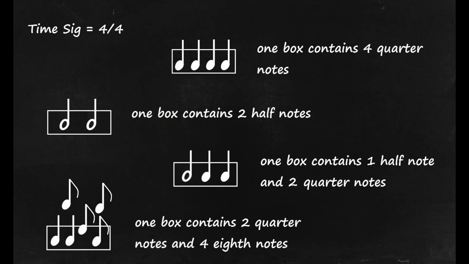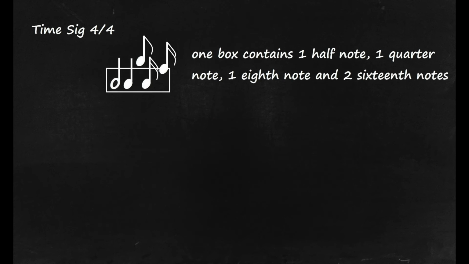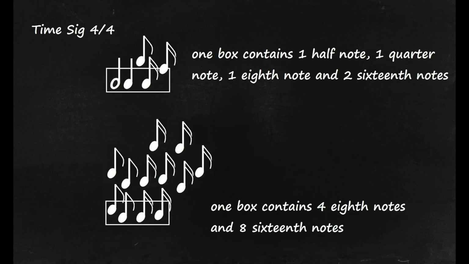Or one box might contain 2 quarter notes and 4 eighth notes. One box might contain 1 half note, 1 quarter note, 1 eighth note, and 2 16th notes. One box could contain 4 eighth notes and 8 16th notes.